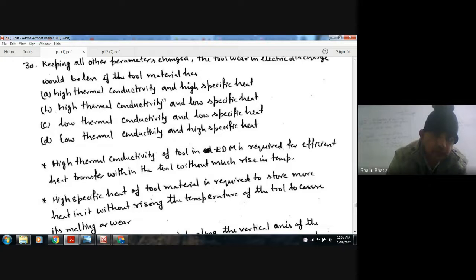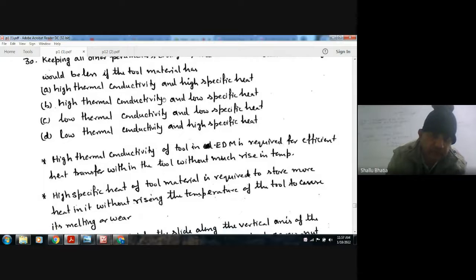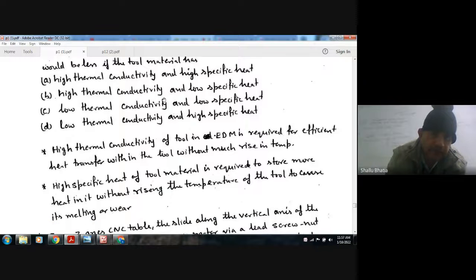Second, high specific heat of the tool is required to store more heat without rising in temperature. If the specific heat is high, then for the same heat the temperature rise will be low, so melting will not take place. So high thermal conductivity and high specific heat are required. So the answer is A.